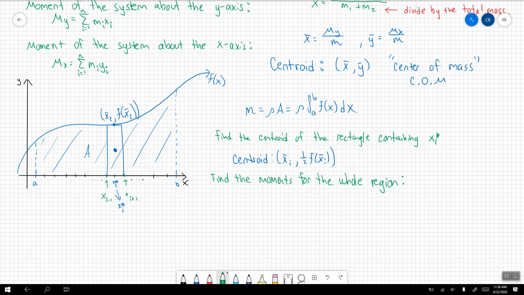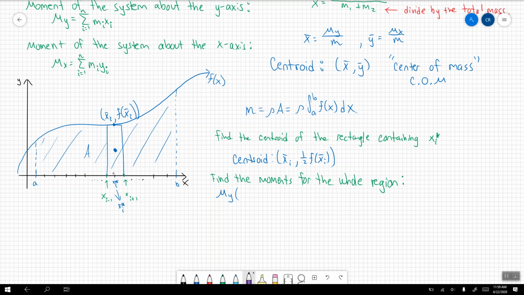Let's start with the moments for the y-axis, and I'm only going to be looking at one specific region, this region in here.